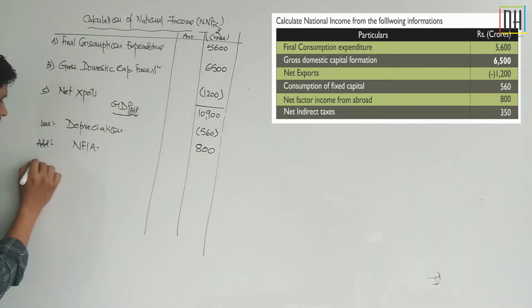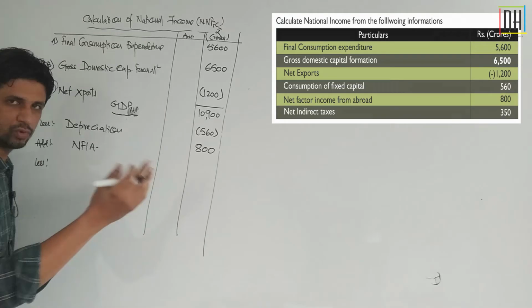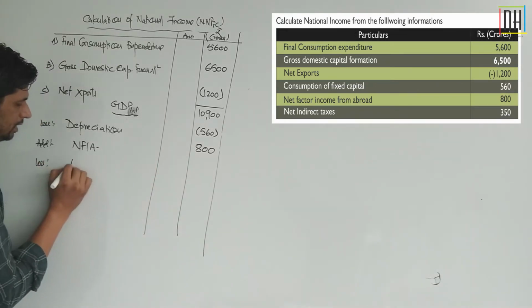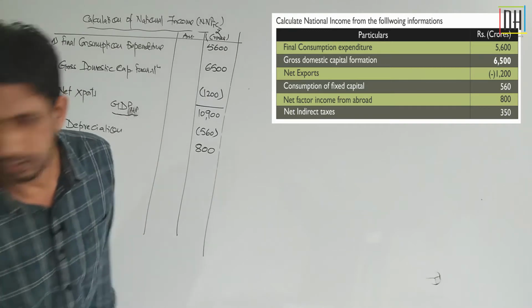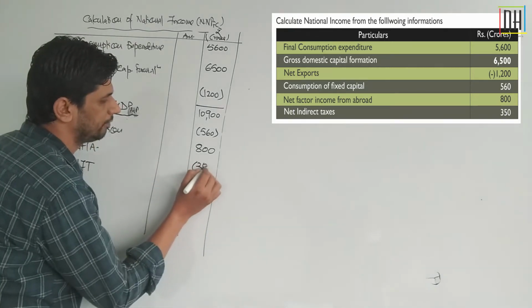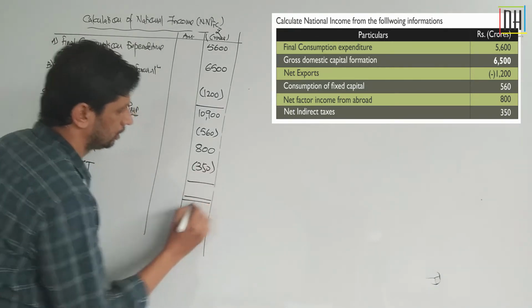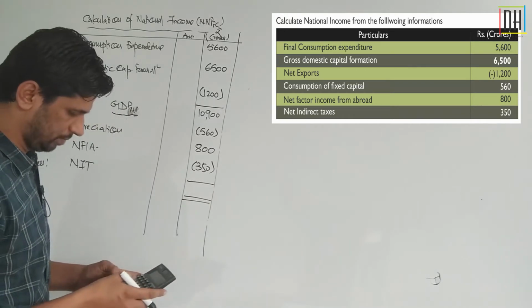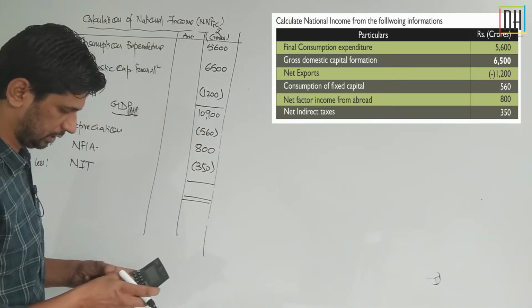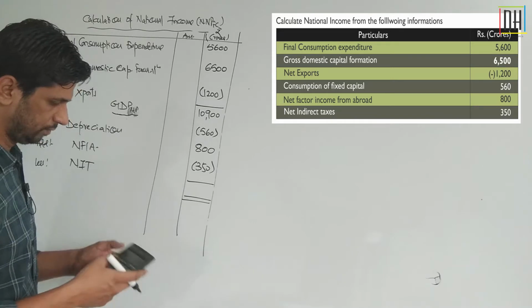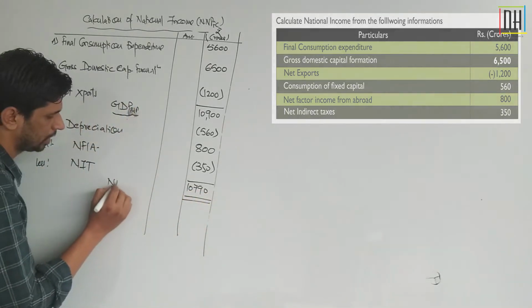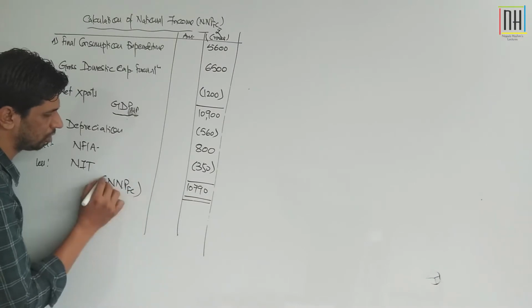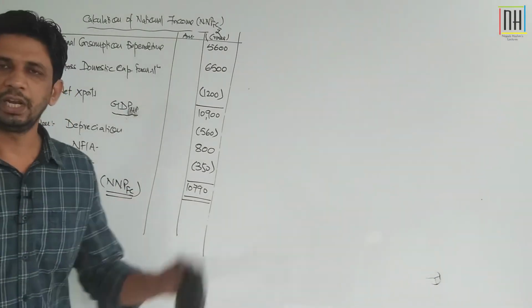And then from MP we have to come to the FC, so we will deduct net indirect taxes. Net indirect taxes is rupees 350. So the final resultant value will be 560 plus 800 minus 350, which is 10790. This is our NNP at FC, or we can say the national income.